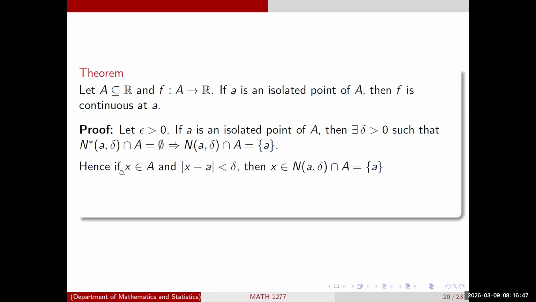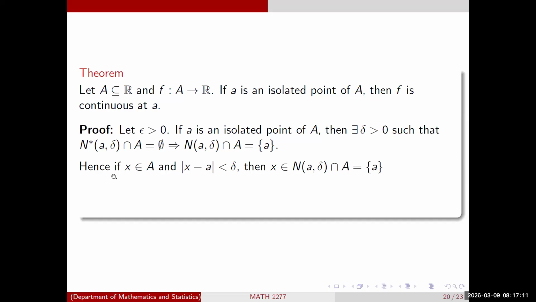Hence, if x belongs to A, so what we're doing here is we are now going to check the definition of continuity. And remember the definition of continuity says, let epsilon be bigger than 0, then there exists a delta. Okay, so this is the particular delta I'm choosing. I'm choosing the delta that produces this neighborhood.